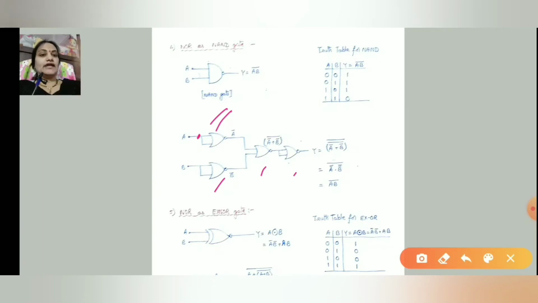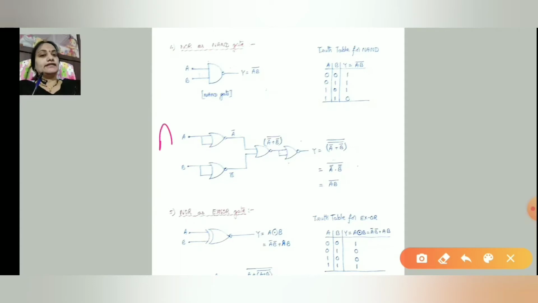Again, this gate, that is gate 2, also acts as an inverter. And the final gate, gate number 4, also acts as a NOT gate. Whenever you see the two inputs joined with each other, it acts like an inverter.